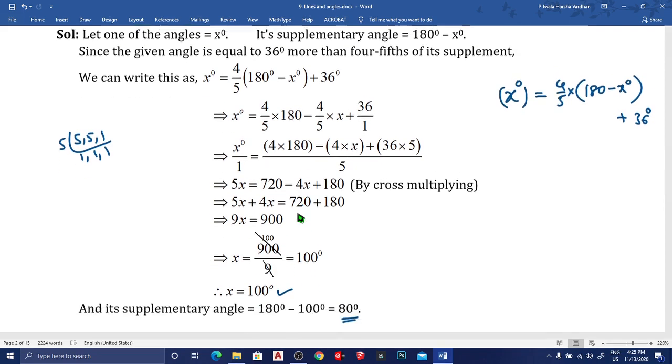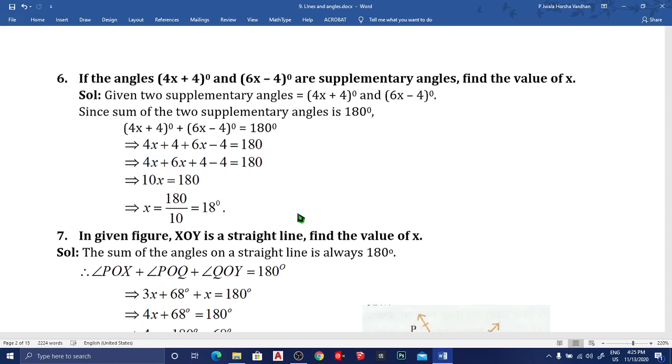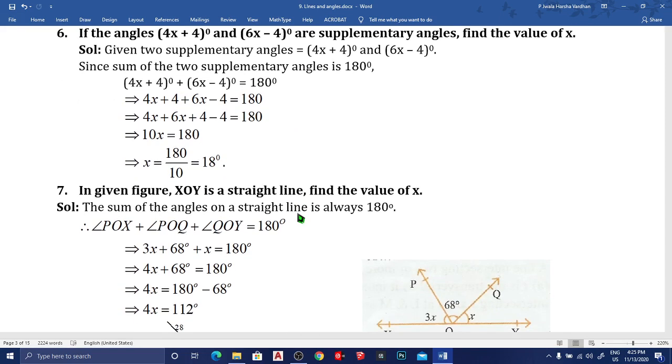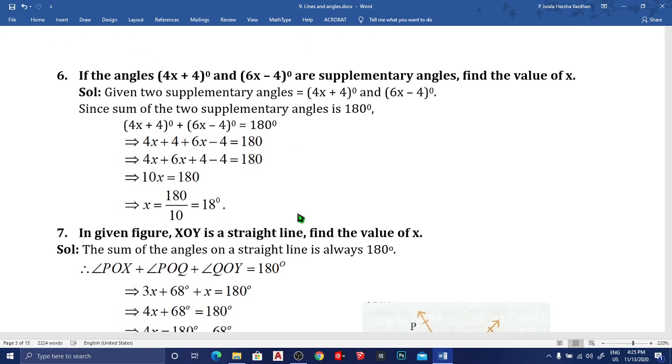Okay. So now we are going to the sixth one. If the angles 4x plus 4 degrees and 6x minus 4 degrees are supplementary angles, find the value of x.